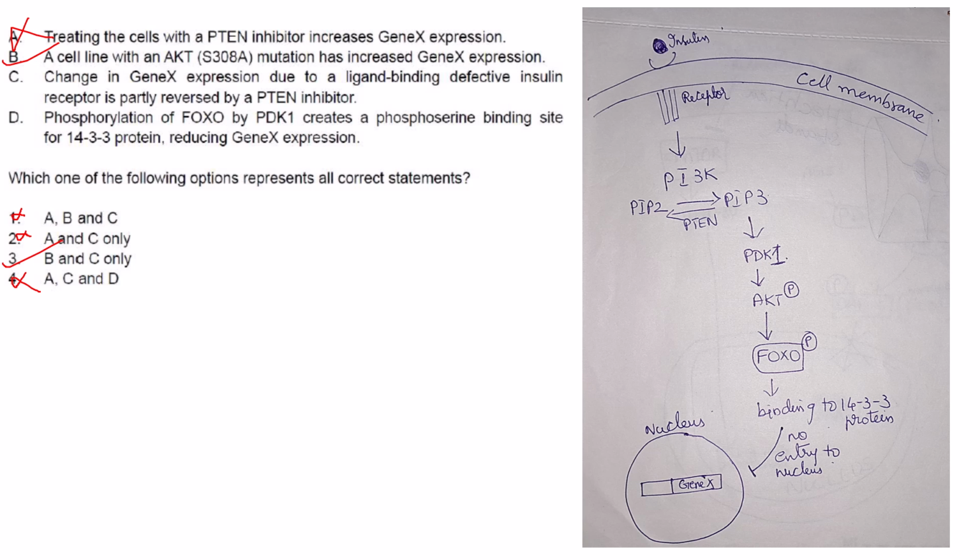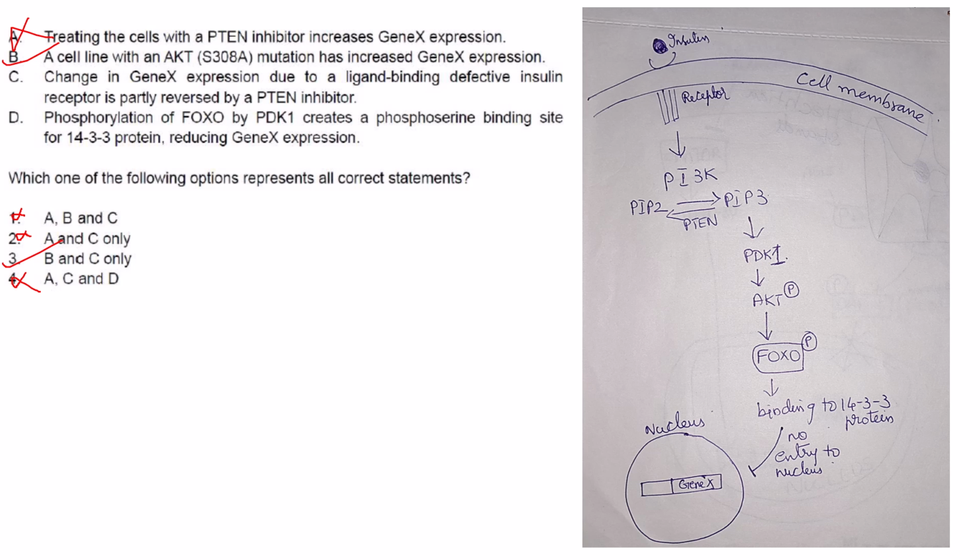Now what they are telling is this change in gene expression due to this defective insulin receptor is partly reversed by a PTEN inhibitor. So, defective insulin receptor, gene X expression takes place. Now, you are inhibiting PTEN, so the PI3K AKT pathway is active, AKT is phosphorylated, FOXO gets phosphorylated, it will not be able to enter into the nucleus and act as a transcription factor.